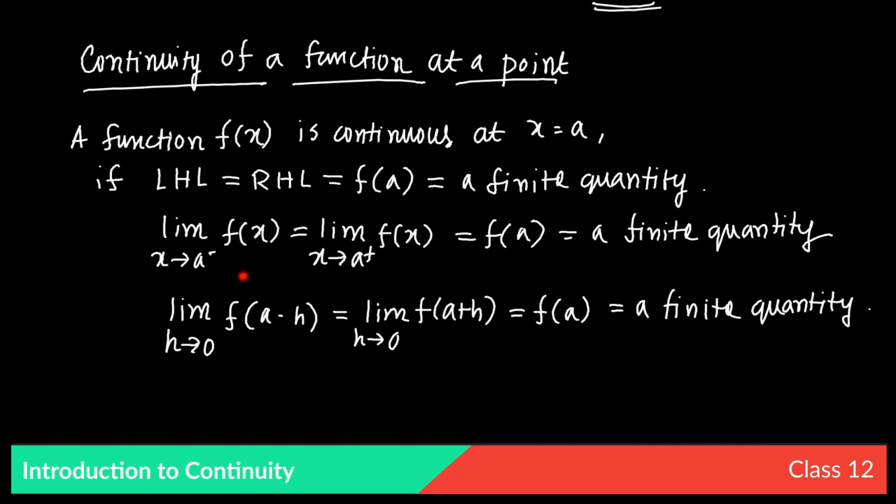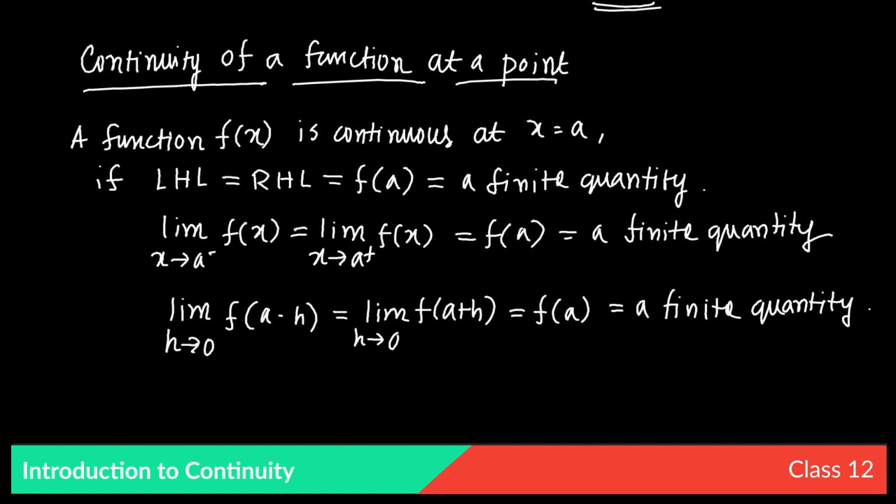This we can write in another two ways: limit x tends to a minus of f(x) equals limit x tends to a plus of f(x) equals f(a), which is a finite quantity. Another way we can write is limit h tends to 0, f(a minus h) equals limit h tends to 0, f(a plus h) equals f(a), a finite quantity. So this is the concept of continuity of a function at a point.